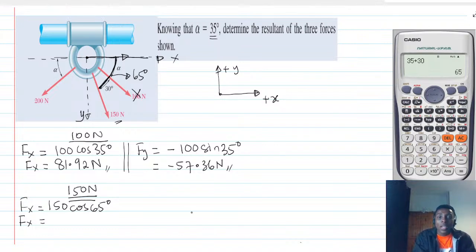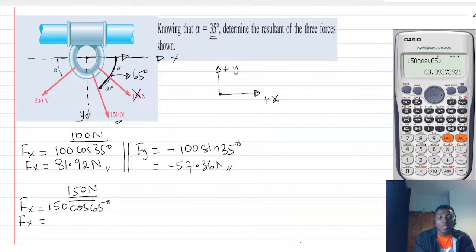So then what is it? So 150 cosine 65. So 63 point what? 63.39.